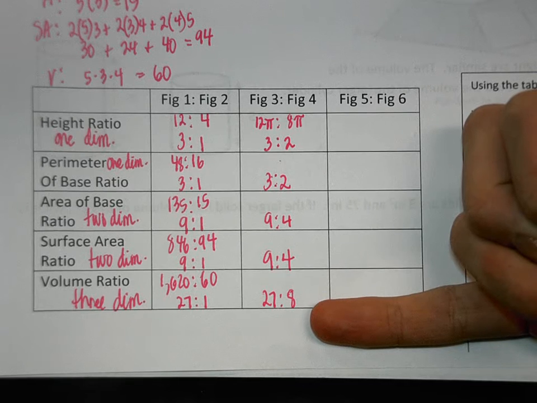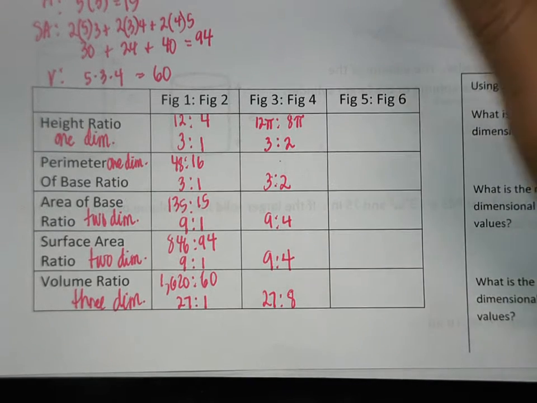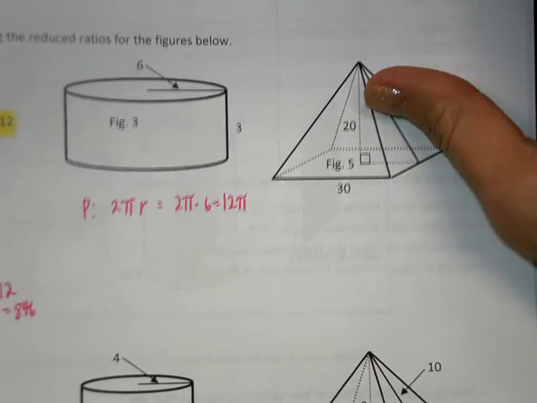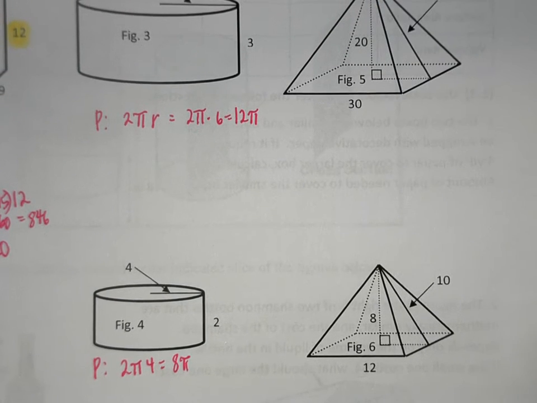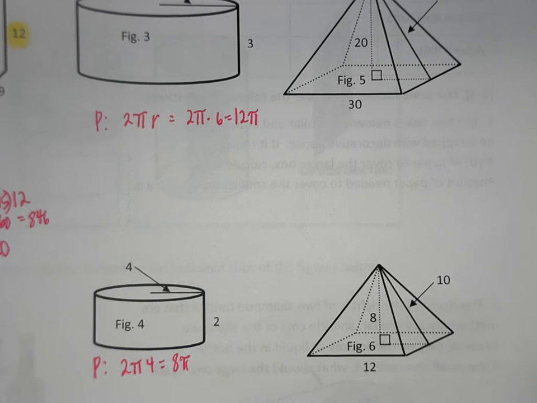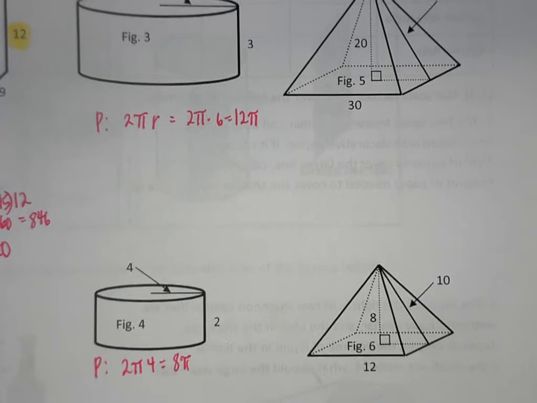So figure 5 to 6. What do we think is going to happen with figure 5 and 6? What are our heights for those? 20 and 8. Okay, I'm going to leave you alone and walk around and check your work. I want you to try to figure out each of the ratios in the chart for figures 5 and 6.